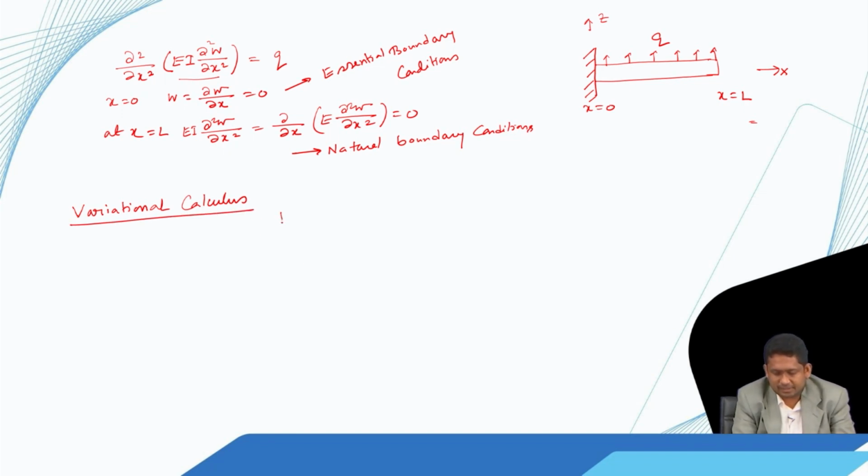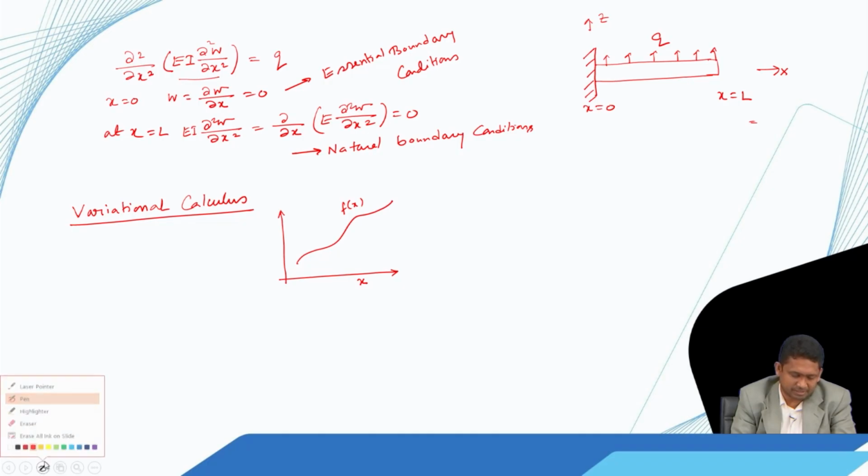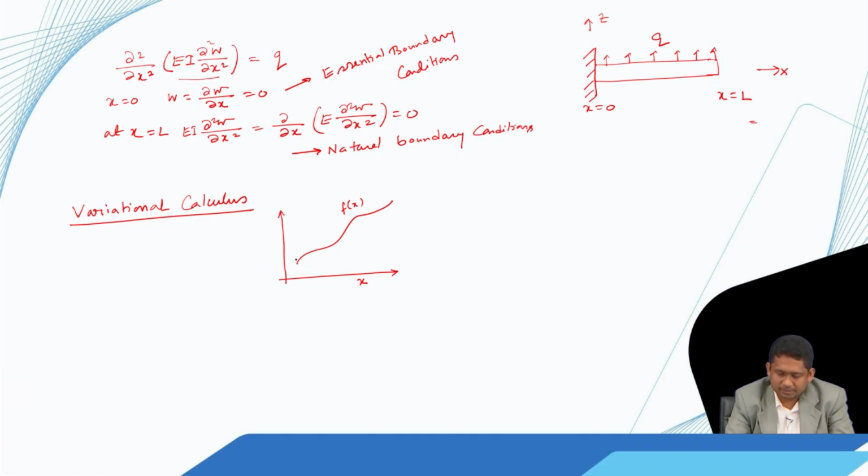So, let us say that we have a function of x, something like this, and then we just perturb the function a little bit, and get a variation like this.